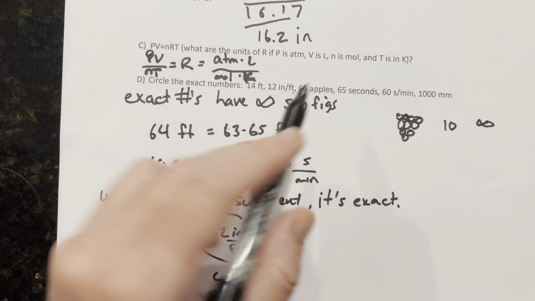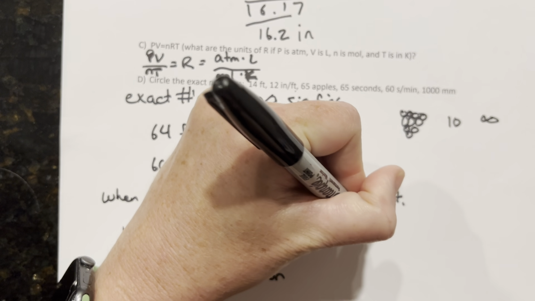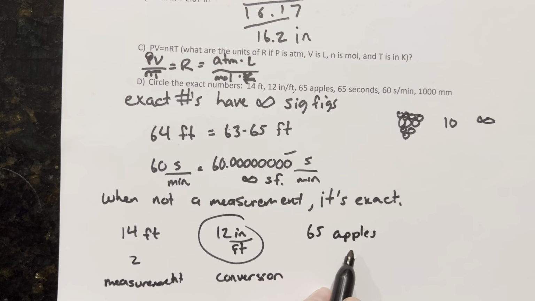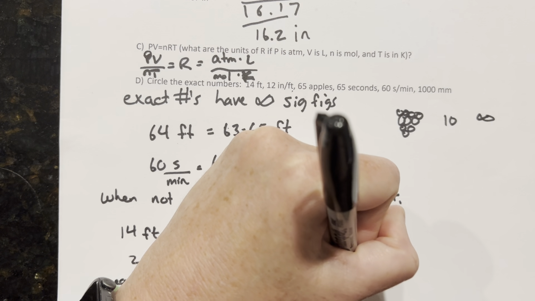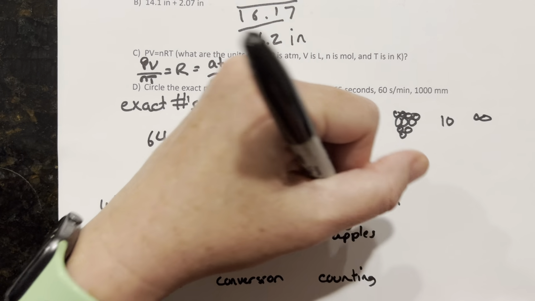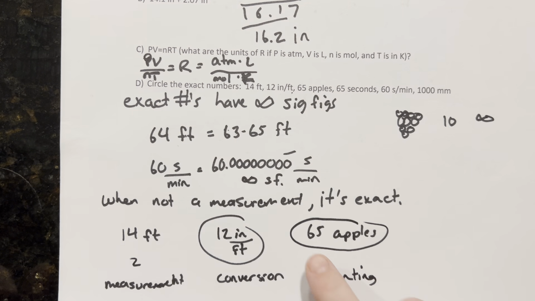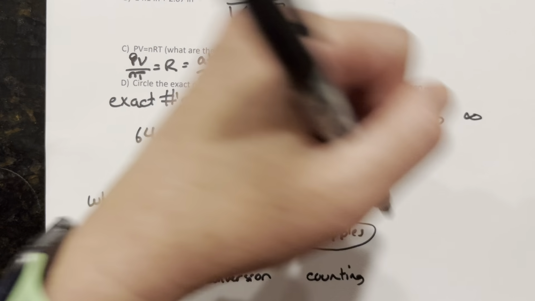65 apples. Apples, last I checked, is not a unit of measurement. This is counting something. Whenever you count something, just like the grapes, it's exact. 65 apples would be 65.00000 apples. 65 seconds.